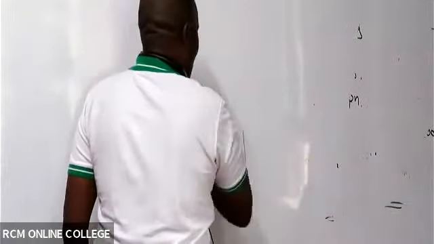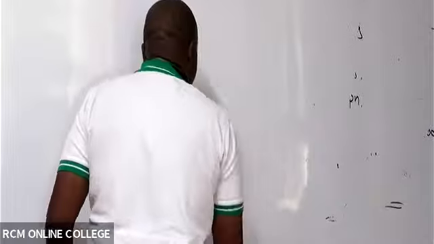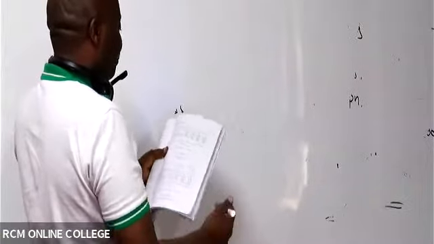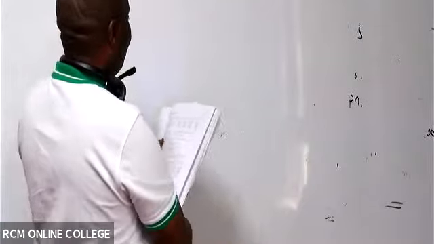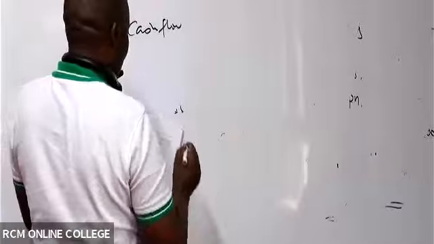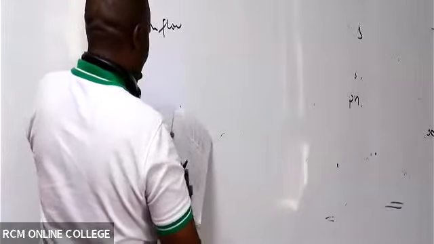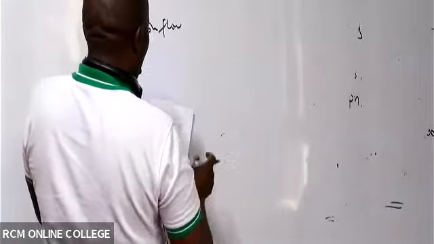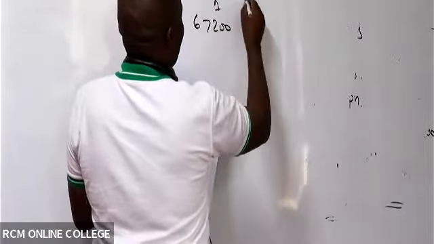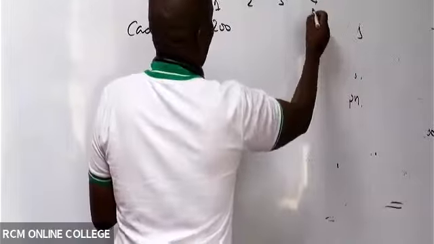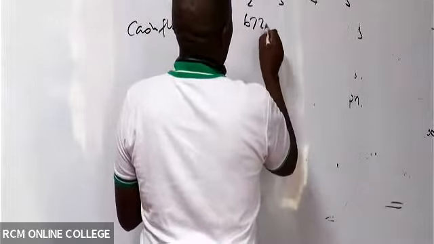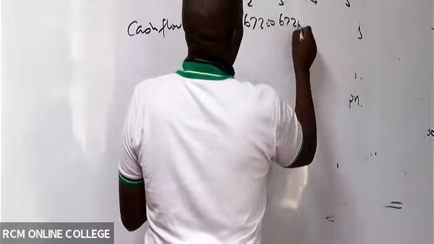So for project MX, we have our cash flow here. We are given 67,200, 67,200, 67,200.